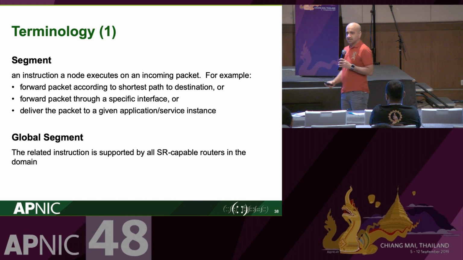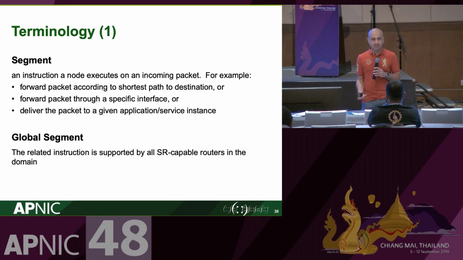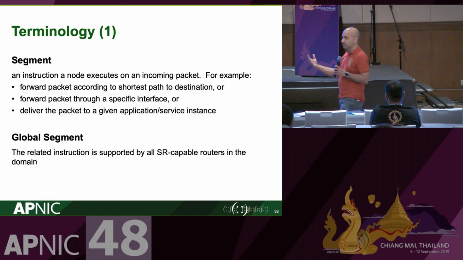I hope that demystifies the whole concept of a segment, because when you hear a segment, it doesn't mean anything by itself. But think of a segment as just a node or a link. And a segment routing packet has information about nodes or links that you wish the packet to go through to get on its way to the destination.